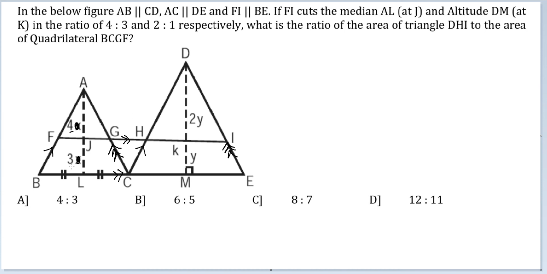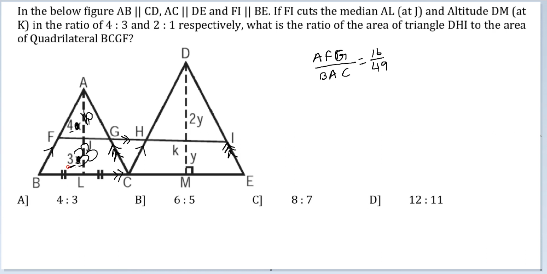If the height is in the ratio of 4:3, the area ratio of AFG to BAC should be equal to 16 by 49. So if the area here is 16, the area here should be 33.